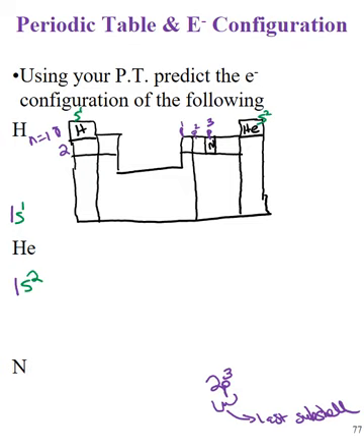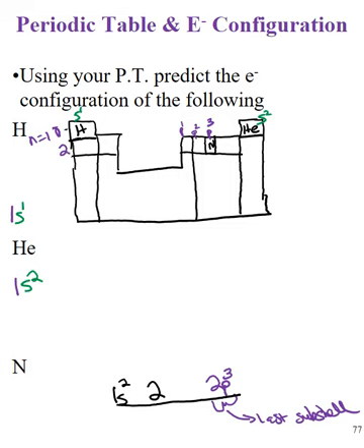But what I need is the stuff before it because I need the entire electron configuration. All I got was the last subshell, so I need to write the previous parts. So what I do is I go across the row. I start with helium and I completely fill that row. I fill the row by writing 1s2 because in that row there's only 2 elements, hydrogen and helium, meaning there's 2 electrons. Then I go to the next row. The next row is 2.